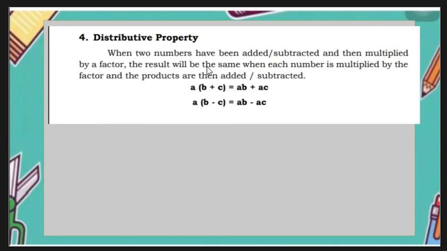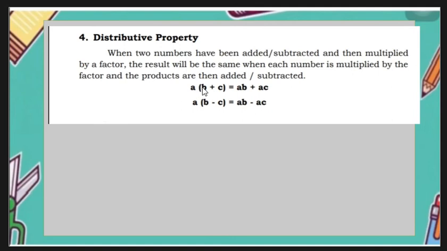Just like this one, we have A times the quantity of B plus C is equal to AB plus AC. Why AB plus AC? Just distribute this one.